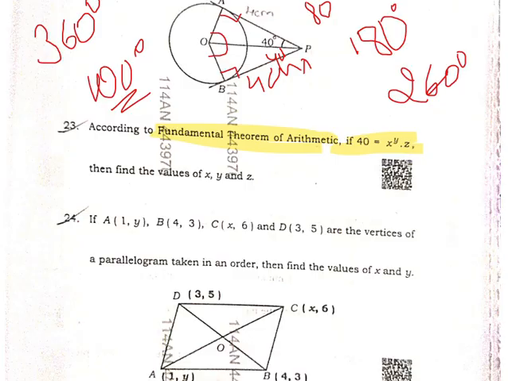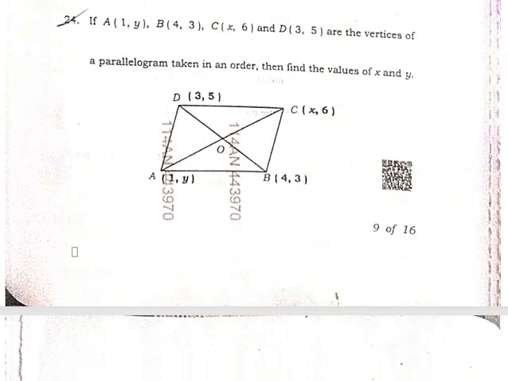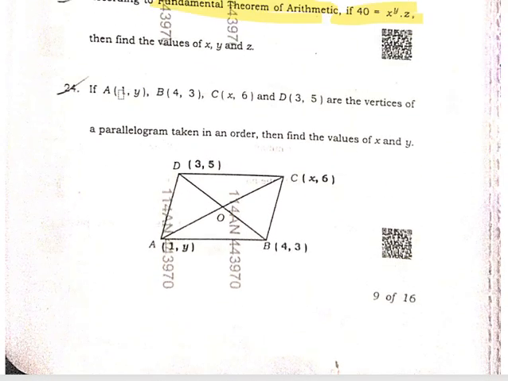Okay, next one, question number 24. If A(1, y), B(4, 3), C(x, 6) and D(3, 5) are the vertices of a parallelogram taken in order, then find the values of x and y.